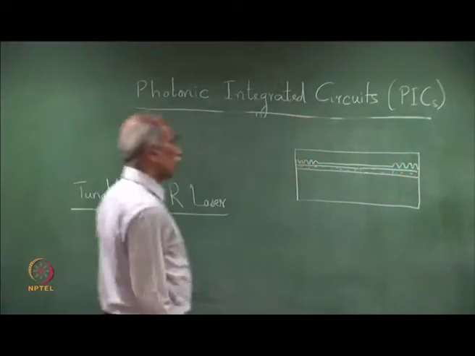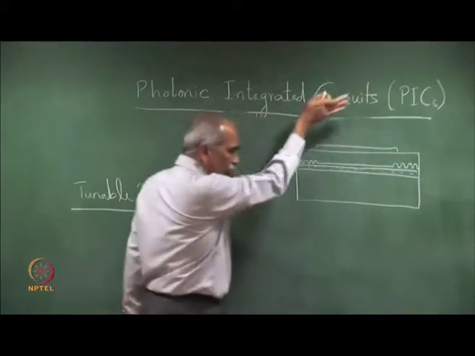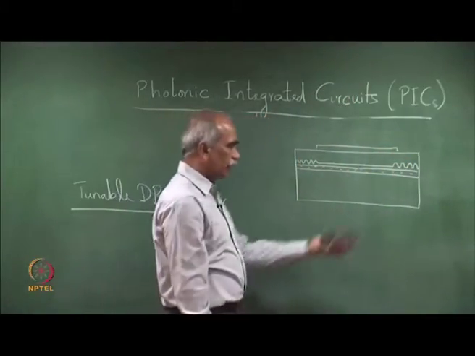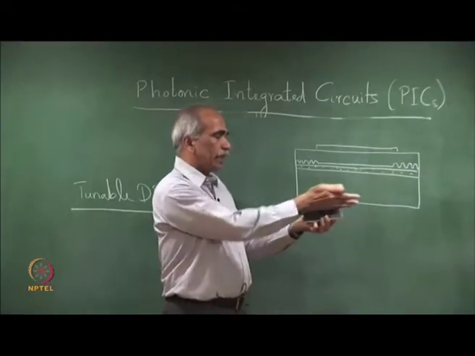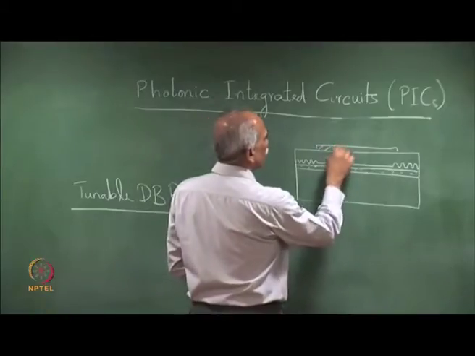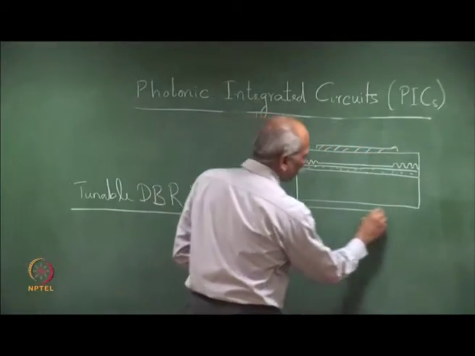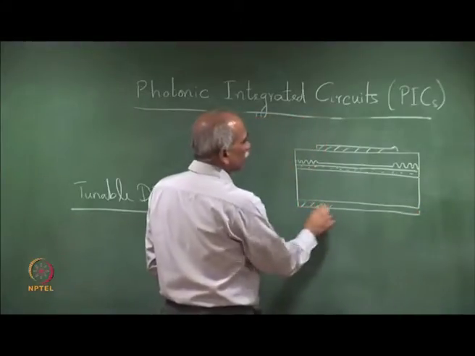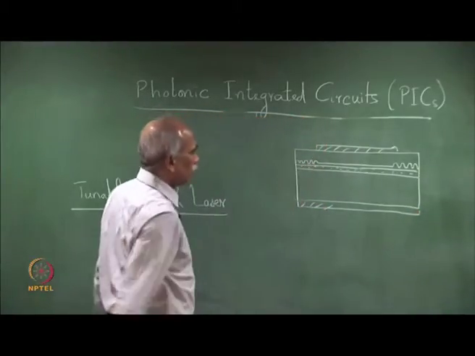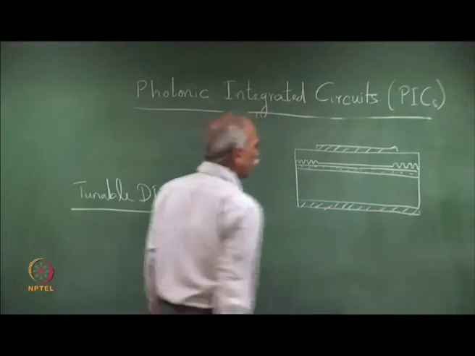So, this is what we had discussed, and this is a longitudinal cross section of the device. The device is like this, the simplest longitudinal cross section, and here is the metal electrode and the electrode here. There may be many more layers here, I am just showing the essential layers.